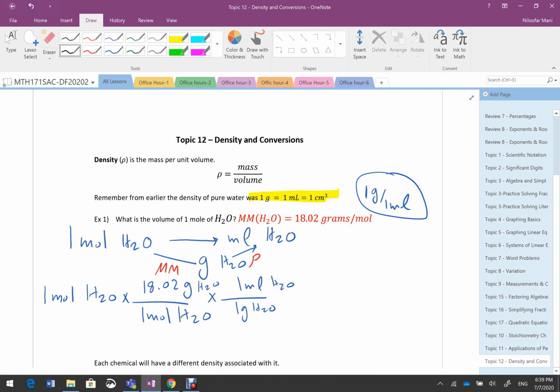Now I can cancel mole with mole, I can cancel gram with gram, and what is left is the answer: 18.02 milliliter of pure water. So 1 mole is this many gram, and because this many gram is the same as this many milliliters, the number is the same.